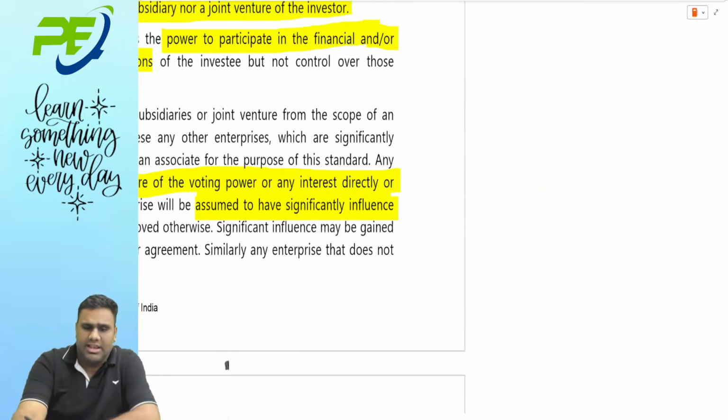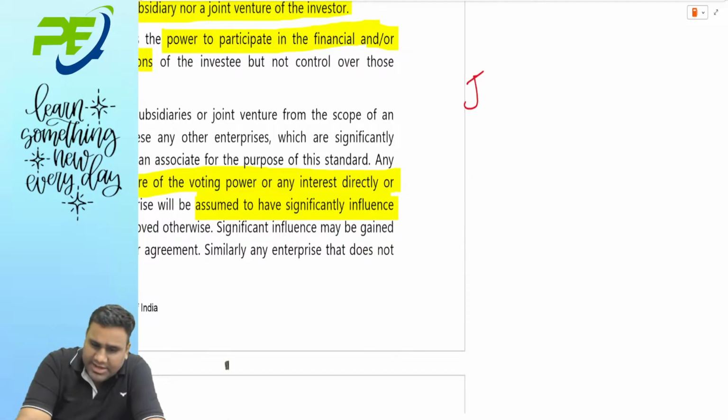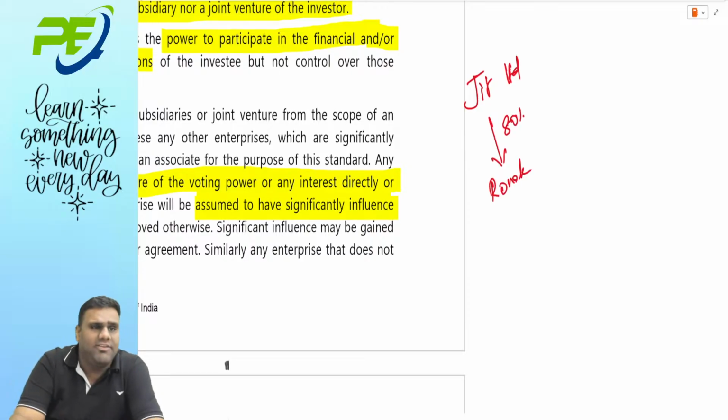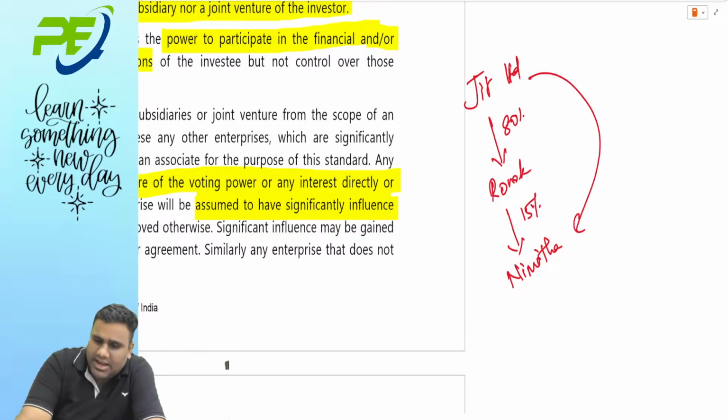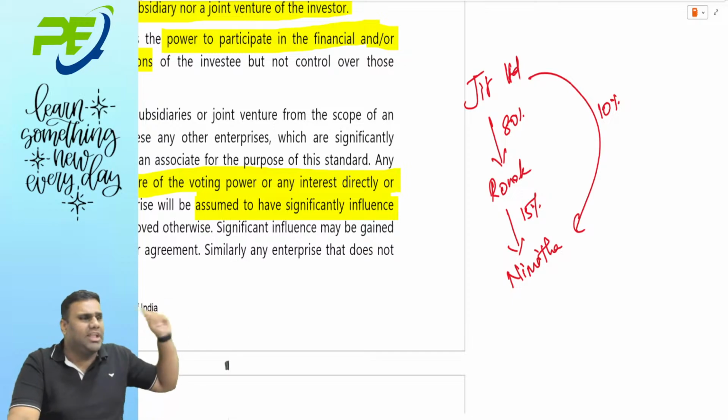Now, let's say for example, we'll continue the same example. Jitendra Limited has 80% in Ronak. Now, let's say Ronak has 15% in Nimita, and I have 10% in Nimita.